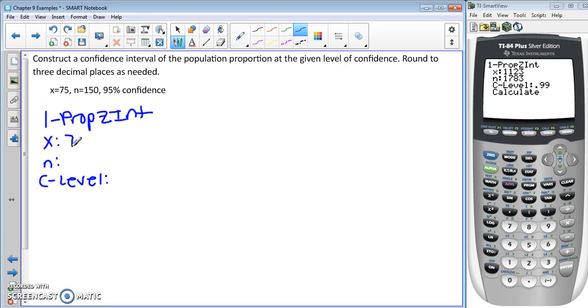So X is 75, N is 150, and for our C level, you always want to convert your confidence level to a decimal, so 0.95 in this case.